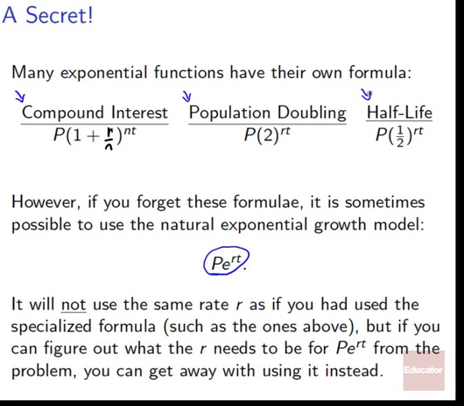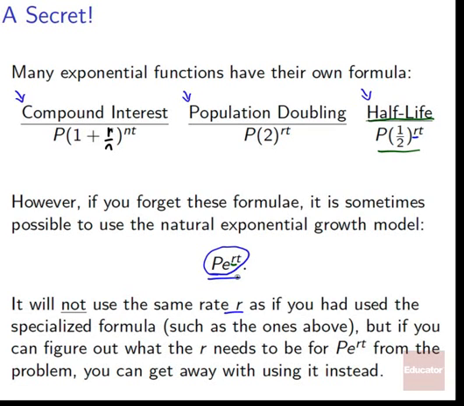Even for half-life in plutonium and half-life in uranium, you'll get very different r's because they have different rates of decay. So the r for half-life of uranium using the specialized formula would be totally different than the r for half-life using the PERT formula.